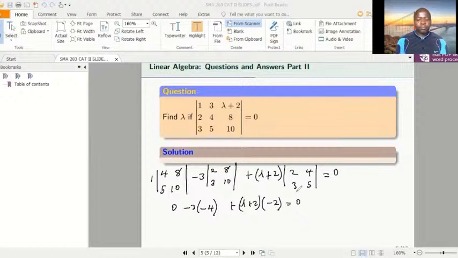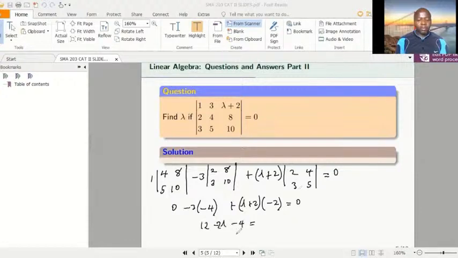Now what do we have here? We have minus 4, and here minus 2 lambda minus 4. Minus 2 lambda minus 4 is equal to 0.